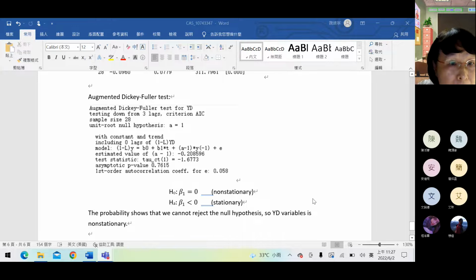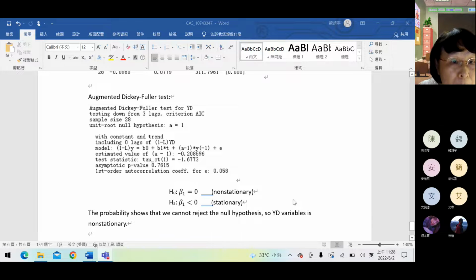Gloria, is your question that according to Esther's analysis, she is doing the lag with 0, and it shows that it is non-stationary?